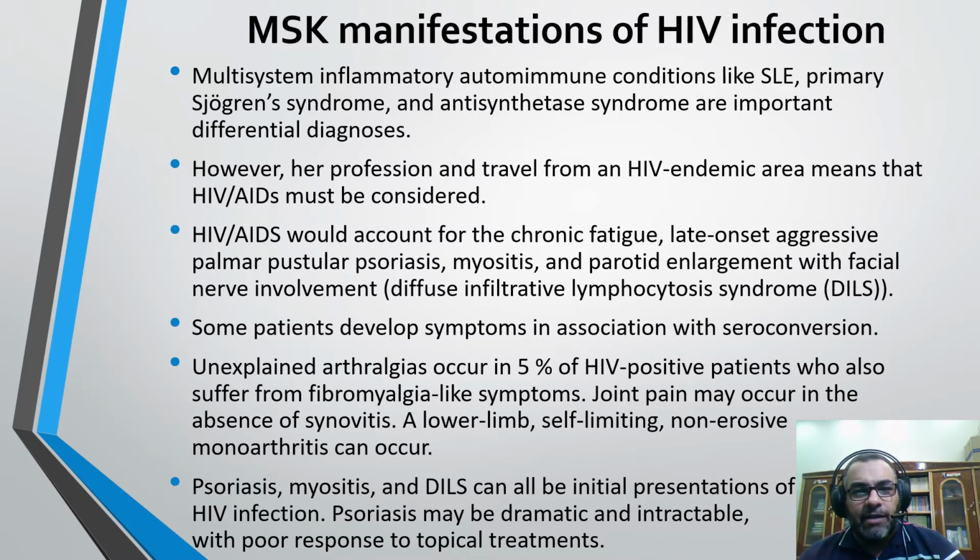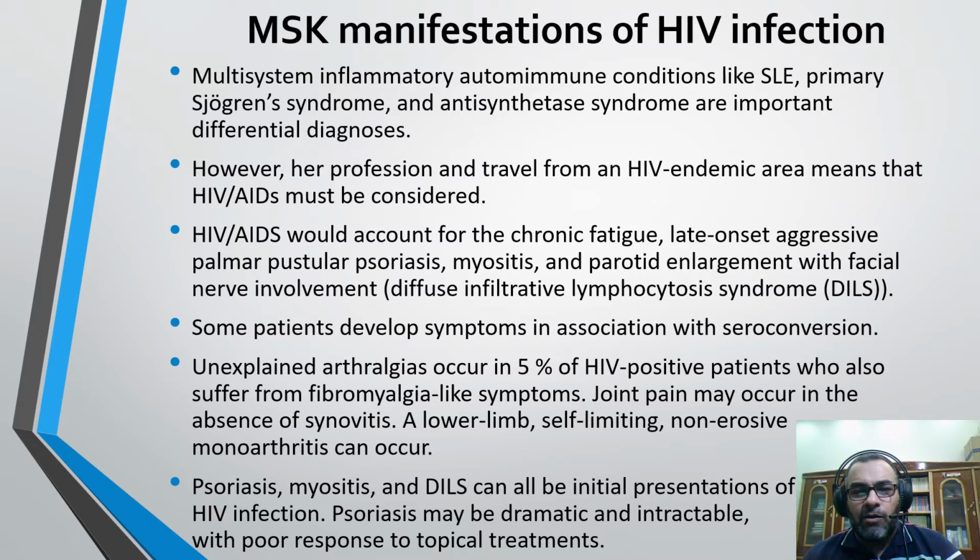The musculoskeletal manifestations of HIV infection: multi-system inflammatory autoimmune conditions like SLE, primary Sjogren syndrome, and antisynthetase syndrome are important differential diagnoses for this particular case. However, her profession and travel from an HIV endemic area, Nigeria, mean that HIV must be considered.